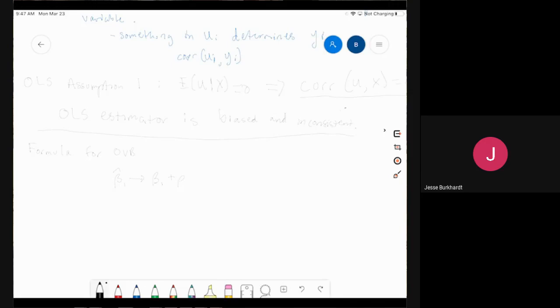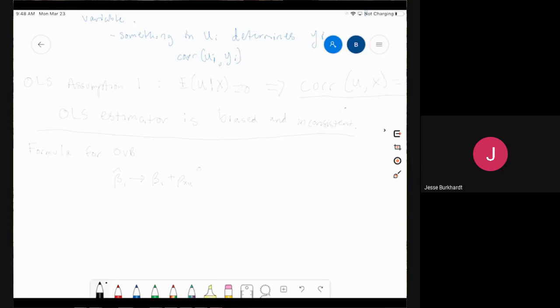That little p should look like a rho. If you look up your Greek letters, that's rho. It means the correlation between x and u, which we wrote up above. It's the correlation between the included regressor and the error term.